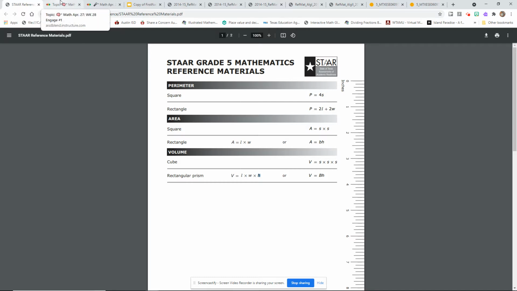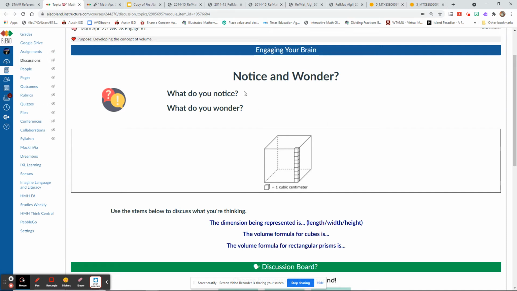When we look at our image today, we're not seeing width being represented because we don't have cubes representing that. We don't have length being represented because we're missing cubes in this direction. But what we do have represented is height. The dimension being represented is height.